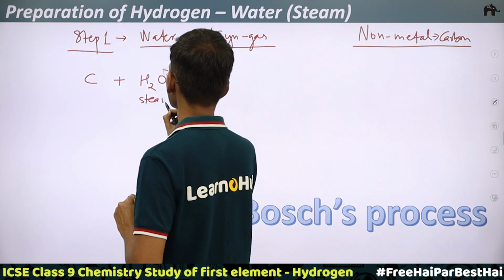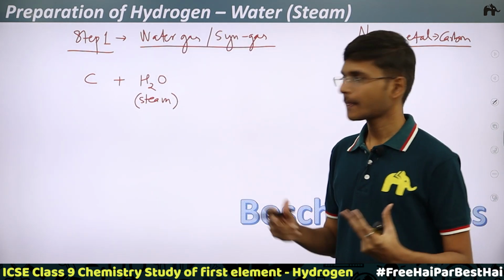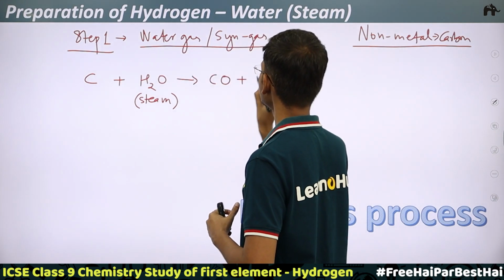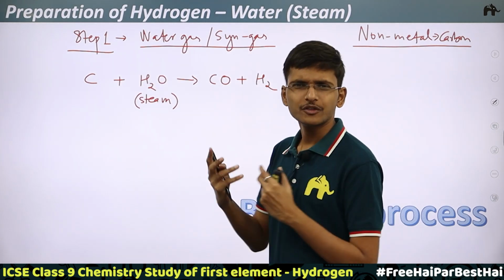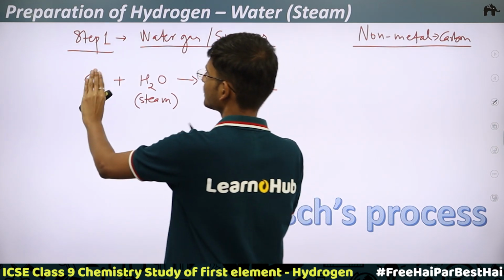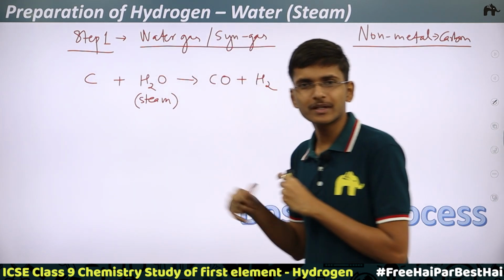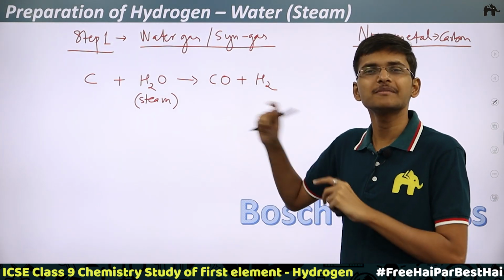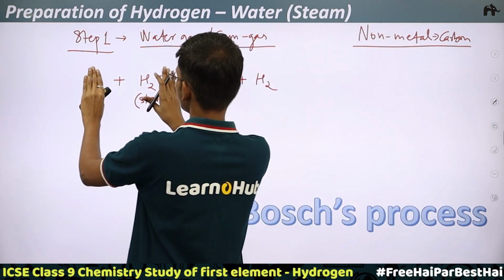This carbon reacts with our steam, and it produces carbon monoxide gas and hydrogen gas. So how can you remember this? Carbon, water. Now think in this way: the reactions don't take place the way I'm saying, I'm just giving you a trick to remember things.